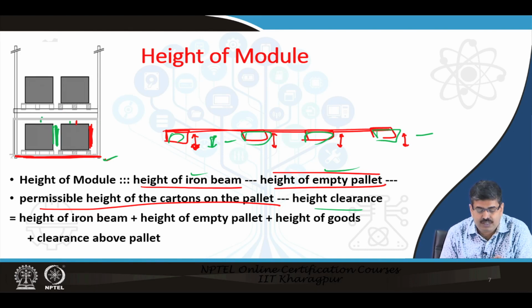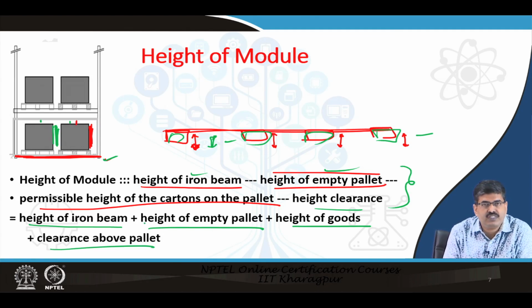So, this is basically my height of the module. So, that is equal to height of the iron beam, height of empty pallet, height of goods plus clearance above pallet. Very simple, same equation.